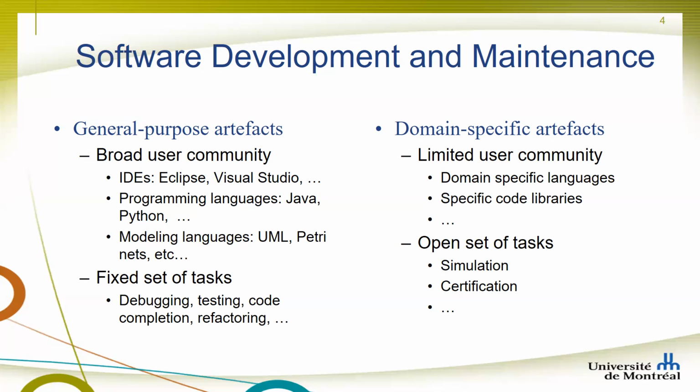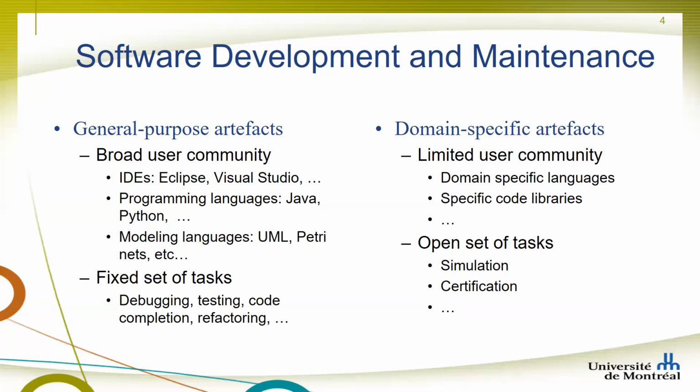And for the tasks also, for the general purpose artifact, we have a fixed set of tasks. Okay, so for example, in programming languages or IDEs, we have debugging, we have code completion, we have refactoring, testing, and all this. So people are working on the same problem, trying to automate these problems and so on.